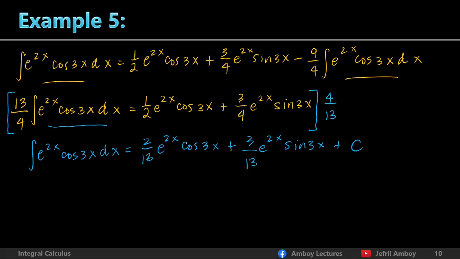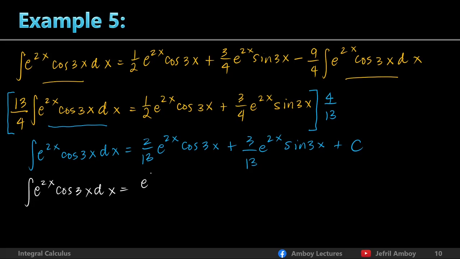Pero pwede pa natin itong simplify kasi obviously meron tayong common term. Ang common term natin is same denominator. So 1 over 13 e raised to 2x. Sulat natin yan na integral of e raised to 2x cosine of 3x dx equals, ano nga yung common factor?